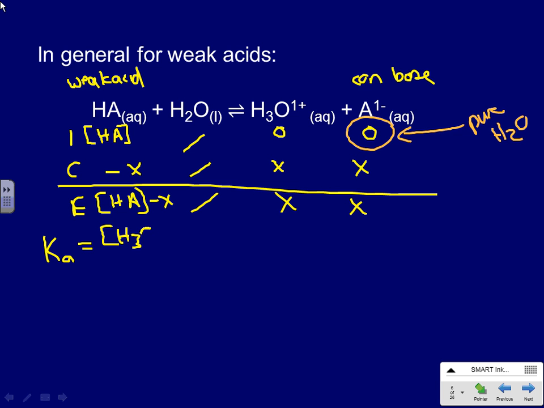Concentration of H3O plus times the concentration of the conjugate base over the concentration of, now here's where I'm in trouble, concentration of HA, and I'm now going to put this little initial here. I have to put a little I right there, because I have to distinguish it. Okay?